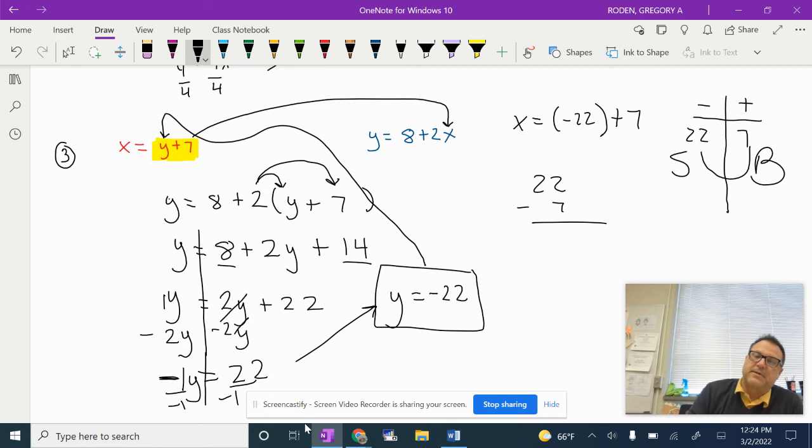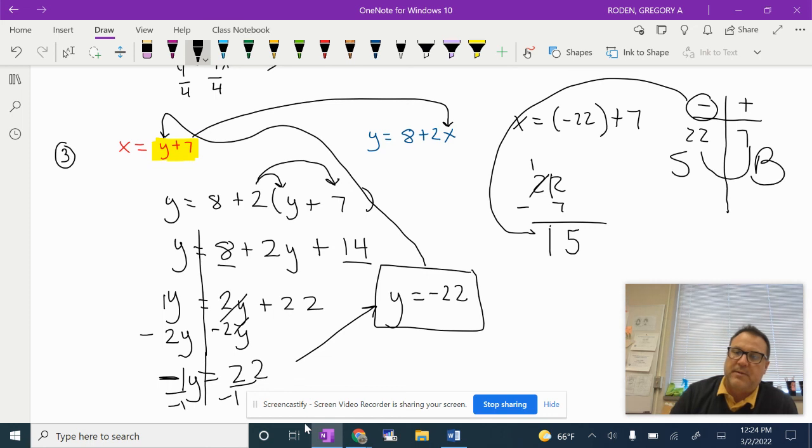Well, 7 can't take 7 from 2, so we'll make that a 12. Now, what's 12 minus 7? I believe 12 minus 7 is 5. And so we'll put a 5 right here, and then 1 minus 0 is 1. So now we have 15. But remember, the negative was bigger, so that negative needs to be on my answer.